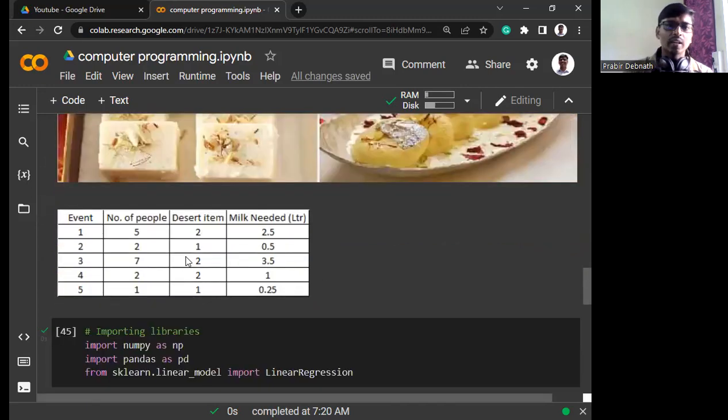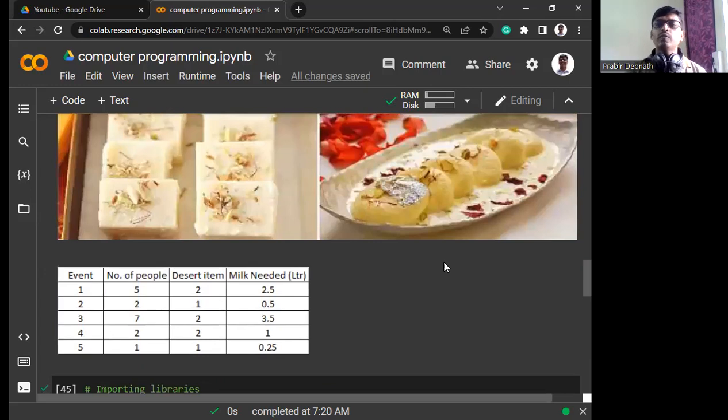And now yes, here we can find there is a table: event, number of people, dessert item, milk needed. So in place of defining or giving the formula by your mother that number of people multiplied by the number of dessert item divided by 4 will give you the milk requirement.